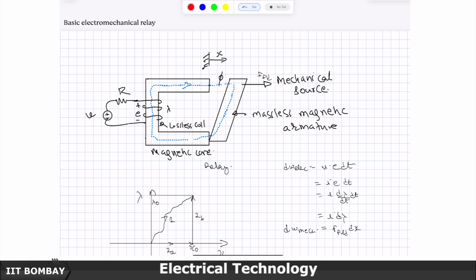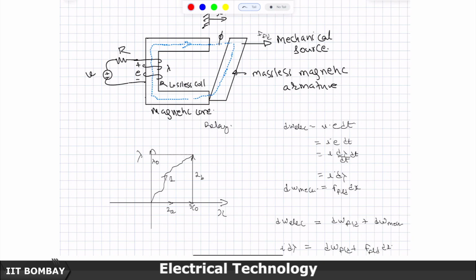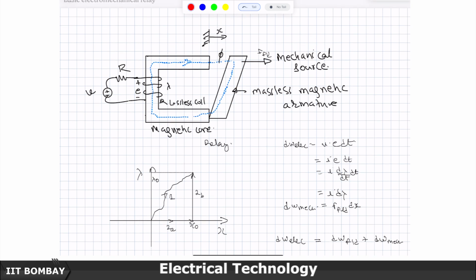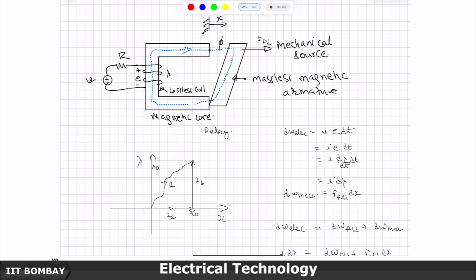You have seen this right from your school days. Iron filings are attracted by a magnet. The same principle is going to be used here, and as you do that, our job is to calculate what is the force which is going to be produced.